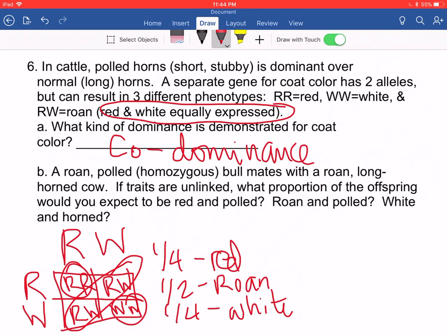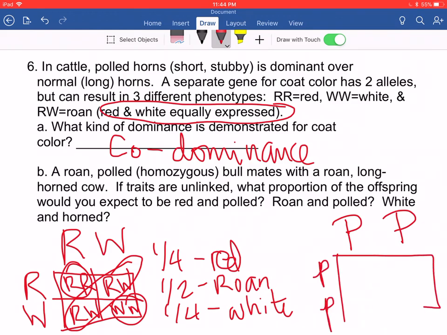So we can say that the male who is polled is going to have two dominant alleles for that, and is going to mate with a long-horned cow. The only way that a cow can be long-horned is if she has two recessive alleles. So we can fill out our Punnett squares.